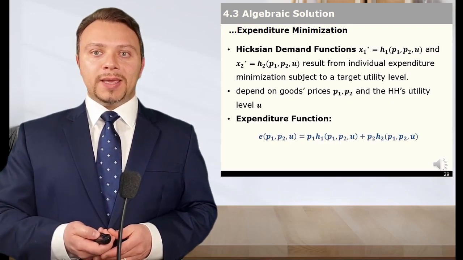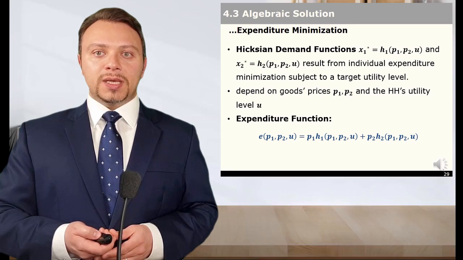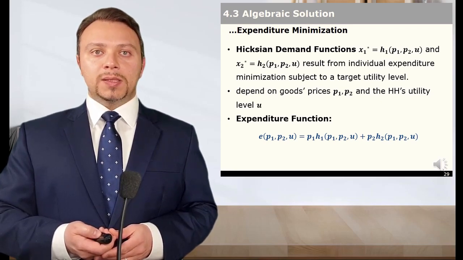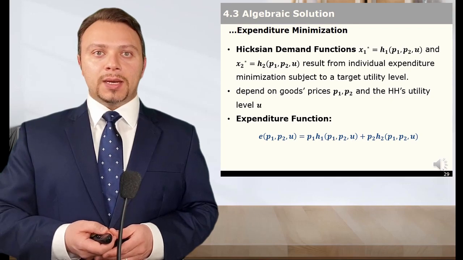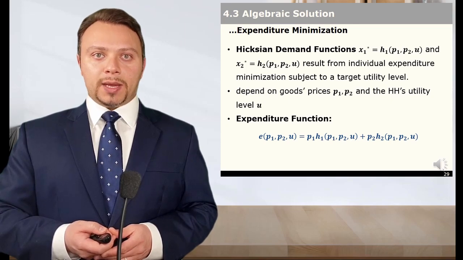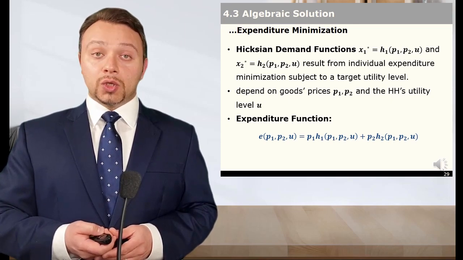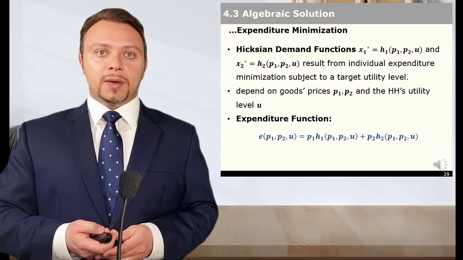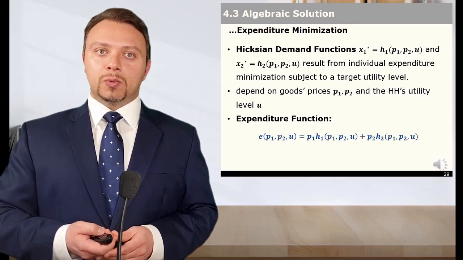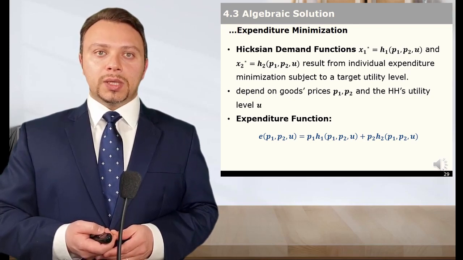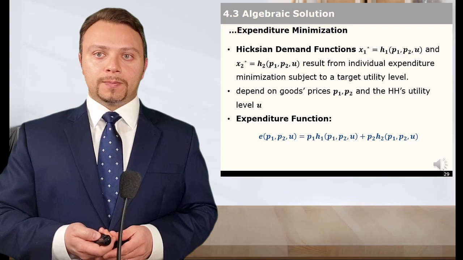We denote it by E. This function E, depending on P1, P2, and u, is the expenditure function, and it tells us the optimal amount of money that the household has to spend to consume the optimal consumption bundle, depending not on the amount of goods that the household wants to consume, but on the prices and the utility level of the household.